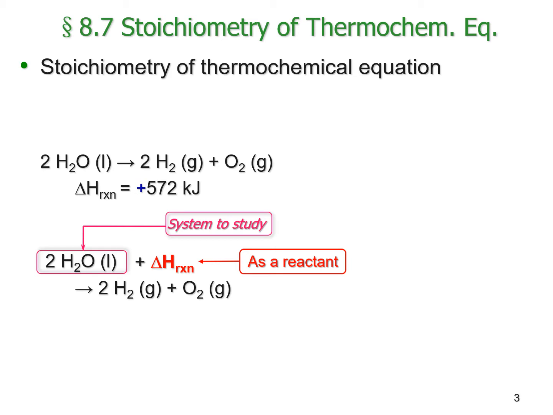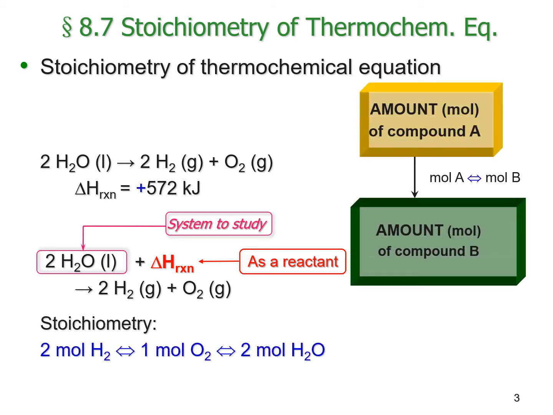Since we put the limiting reactant concept on this energy, apparently we can write up the stoichiometry for this thermochemical equation. From the balanced chemical equation, we recognize that we can do the molar relation between the different substances.